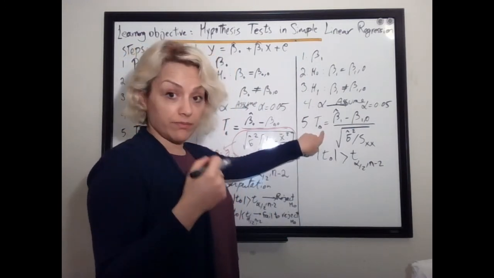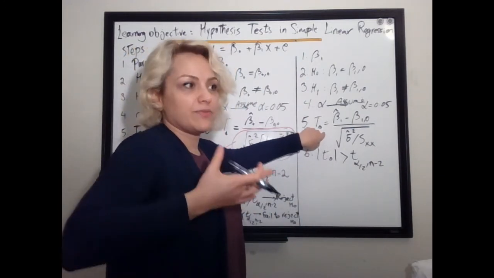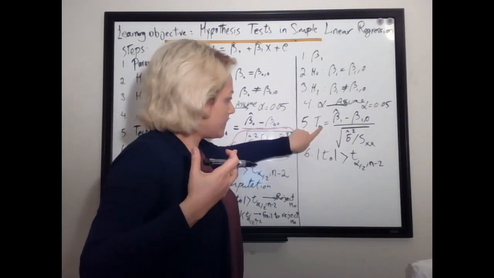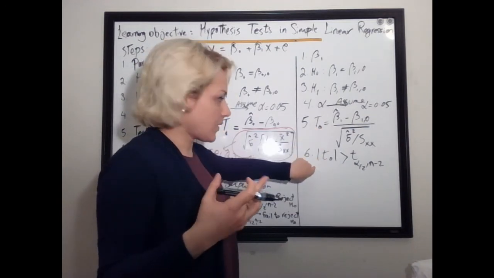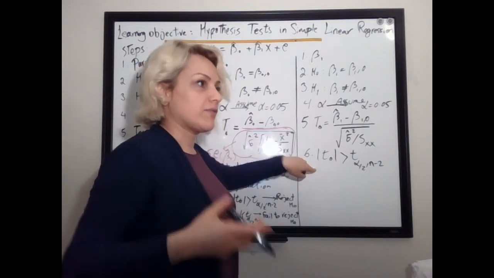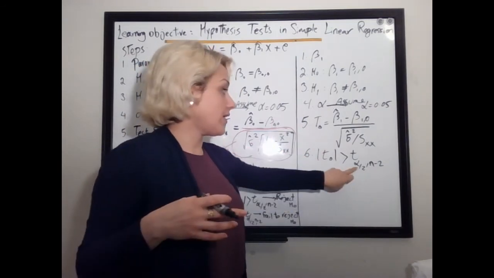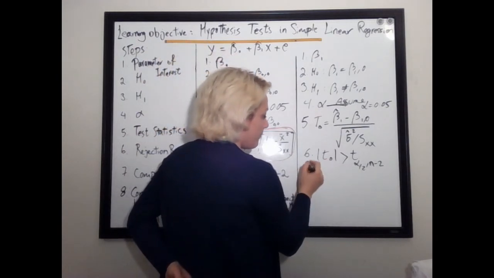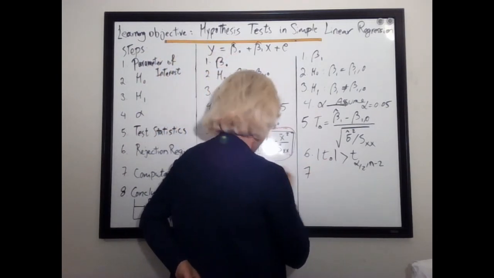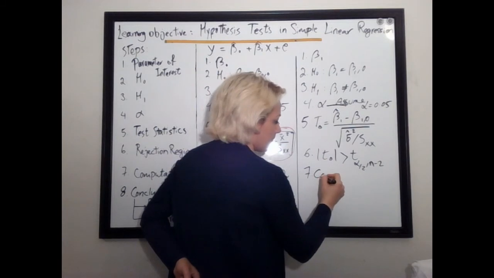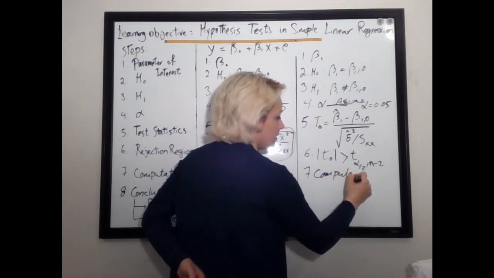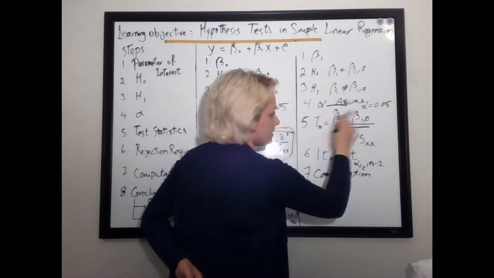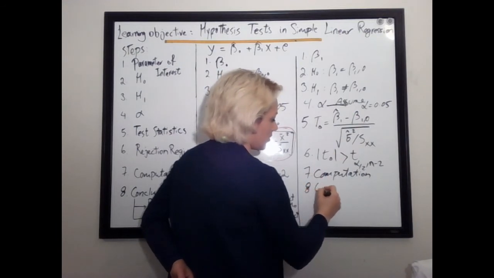This one is coming from the alpha, and this one is coming from the sample, this one is coming from the table. So whatever the sample size that you have and alpha, it's going to make a decision on this one. Okay, so this is 6. 7 is going to be, again, the calculation. You're going to find all of these values and put them in. And 8 is going to be the conclusion.